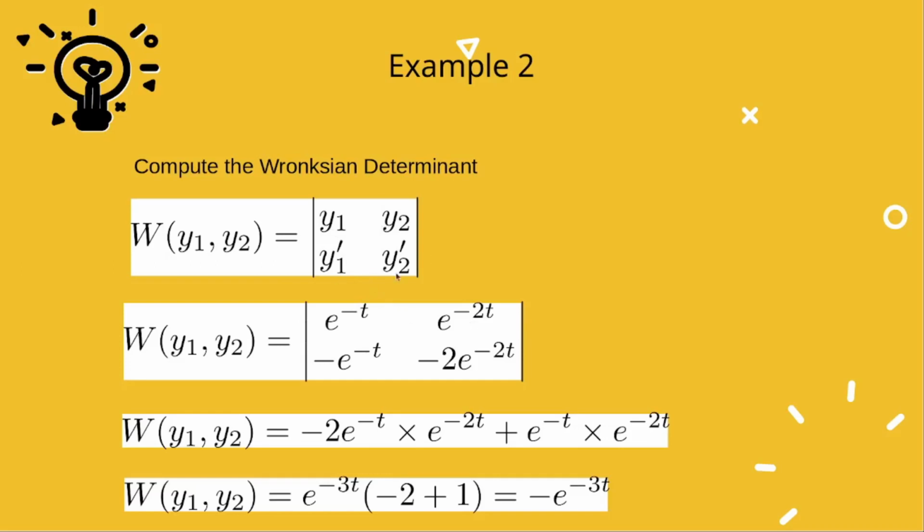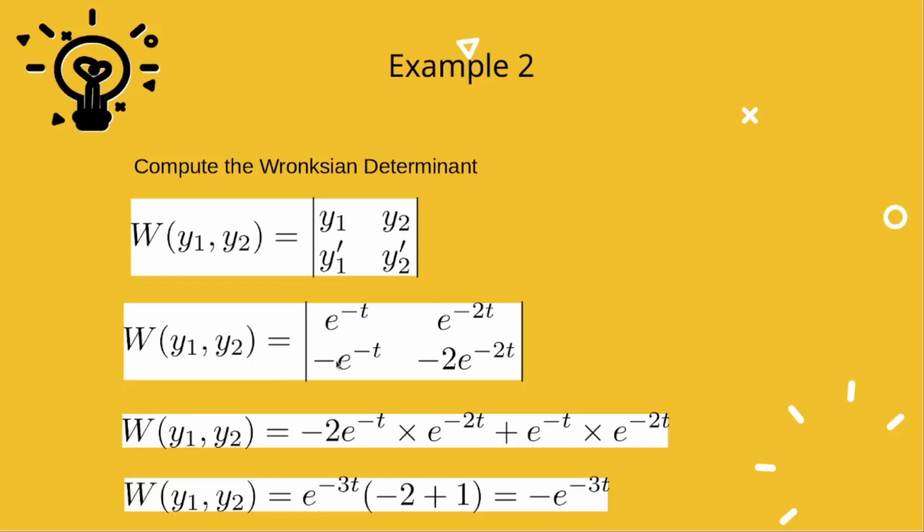And then their derivatives in the second row, which will be minus e to the power of minus t, the derivative of this element. And then if I take the derivative of y2, it'll be minus 2 e to the power of minus 2t. And essentially, the value of this determinant is obtained via cross multiplication and subtraction. So e to the power of minus 2t times e to the power of t.